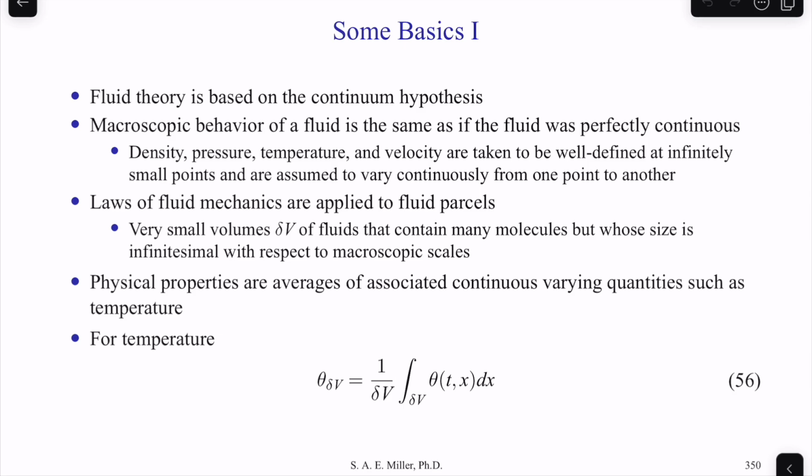For example, temperature, or static thermodynamic temperature, we might write as theta, and integration over the fluid parcel or small differential volume, delta V, times 1 over delta V. So we take the property, we add it all up in a particular fluid parcel, and then we divide by the particular volume. This way, of course, we get the correct units. This would be Kelvin, and this is Kelvin. And that checks out.